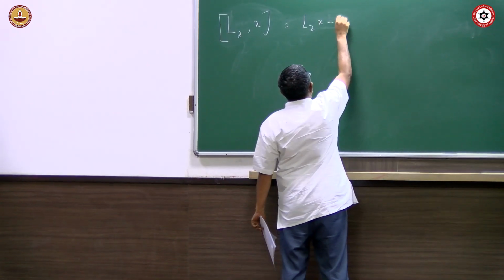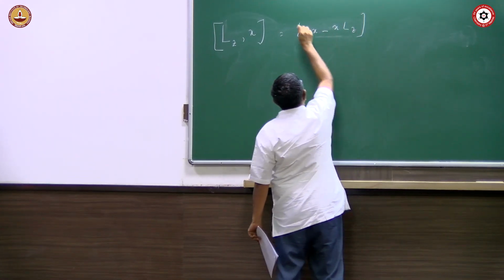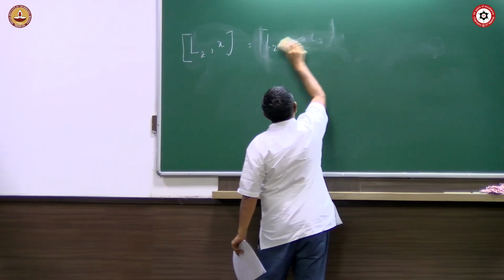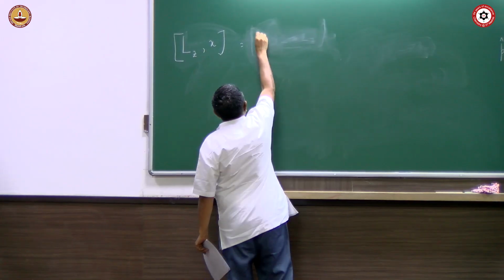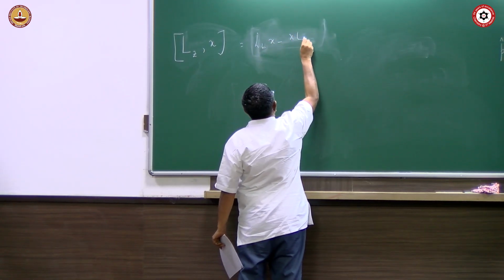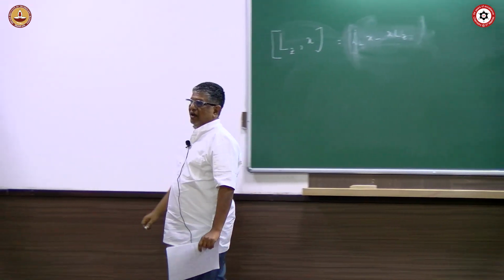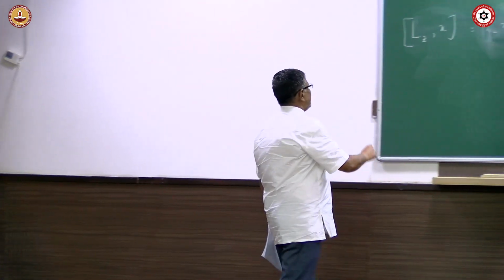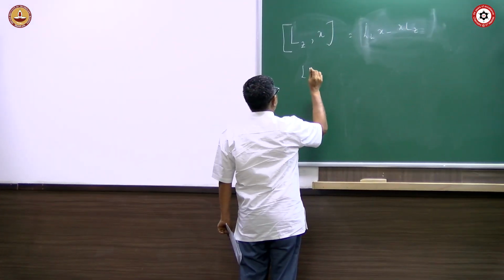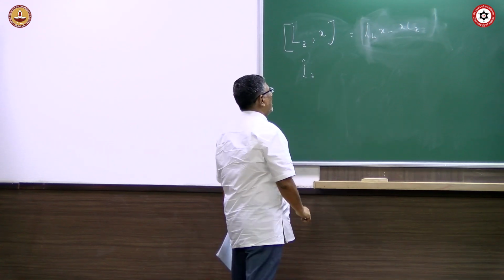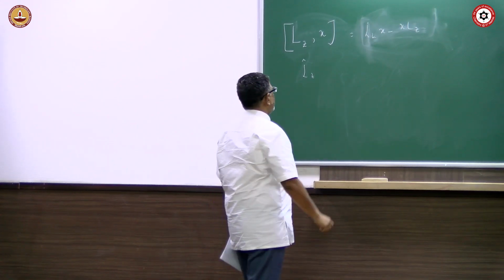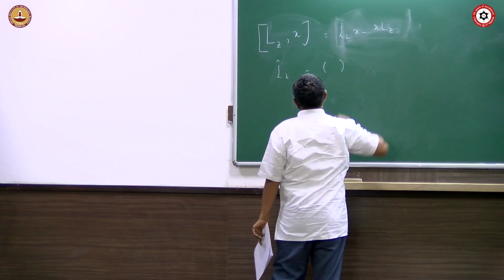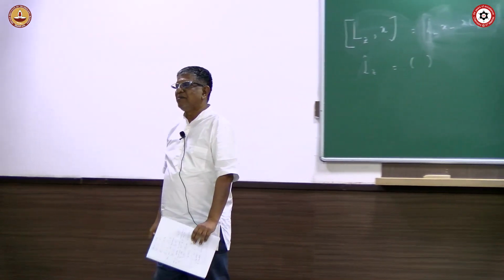It is Lz x minus x Lz. And you know what Lz is, that operator. Write that and evaluate the commutator. 5 minutes.